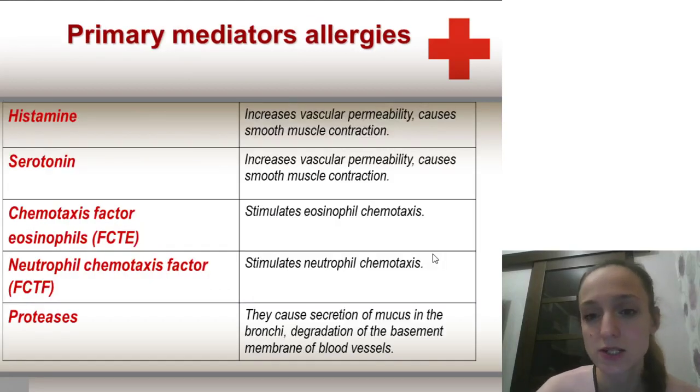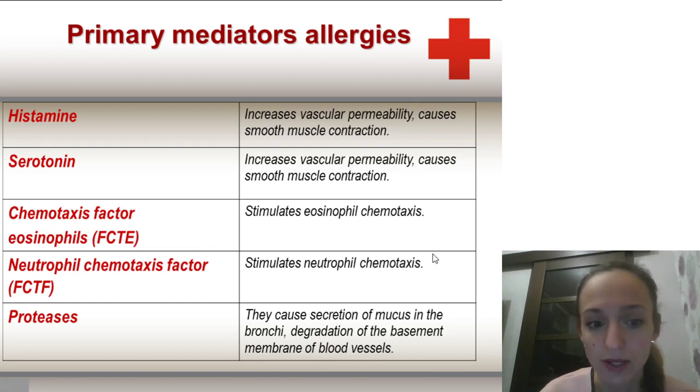Primary mediators of allergies, first of all, histamine. This mediator increases vascular permeability and causes smooth muscle reaction. Serotonin also increases vascular permeability and causes smooth muscle reaction.